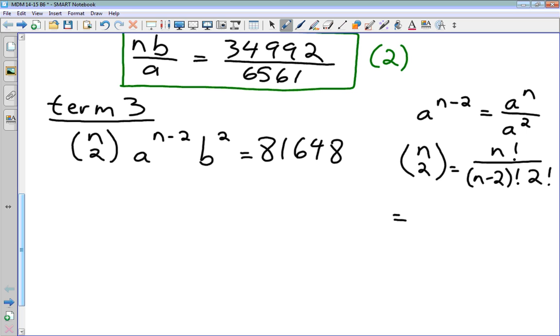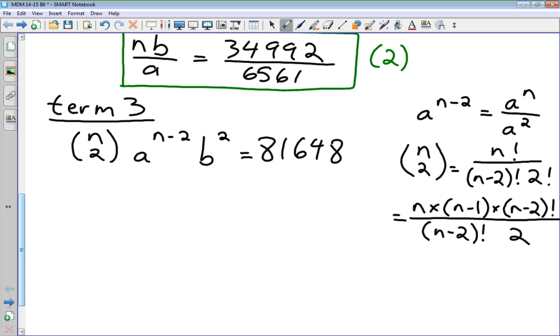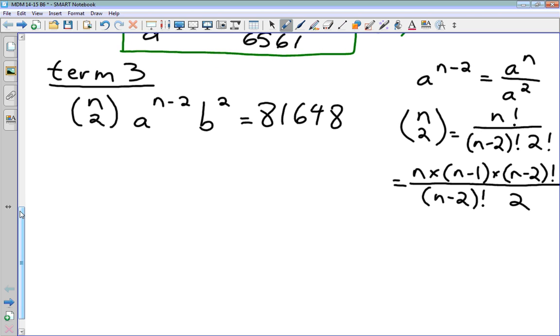We'll take n factorial and write it as n times n minus 1 times n minus 2 factorial. And that'll allow us to cancel out the n minus 2 factorial on the bottom. 2 factorial is just 2. So the expression we have now, canceling out the n minus 2 factorials, is n times n minus 1 all over 2.